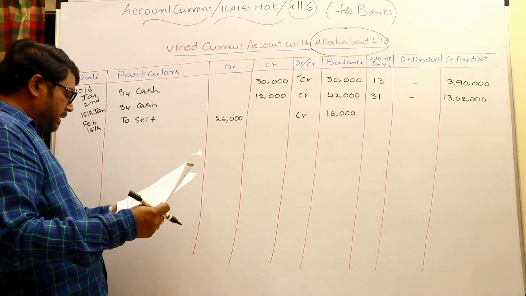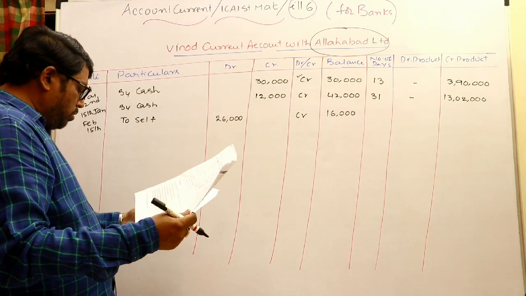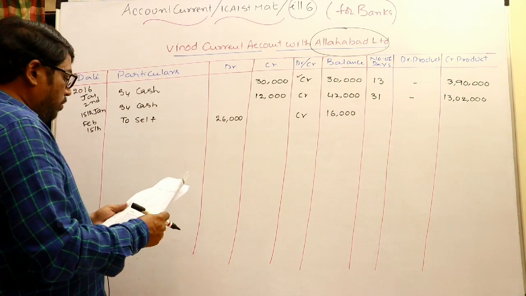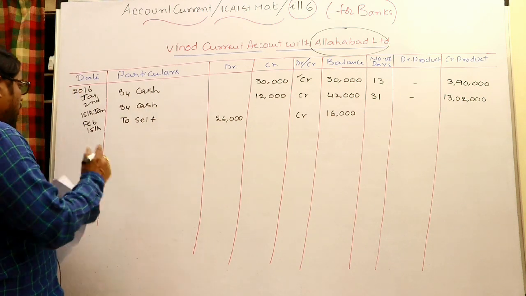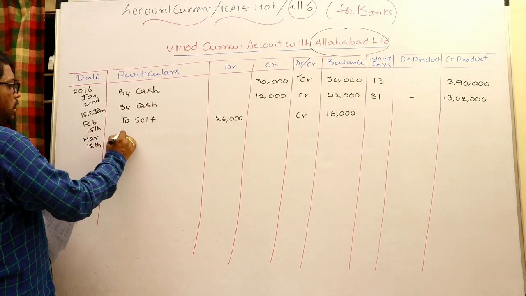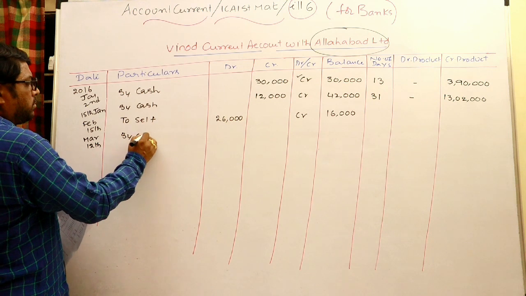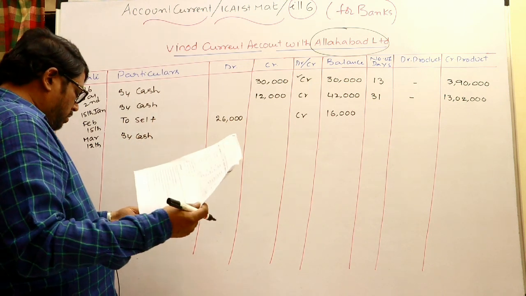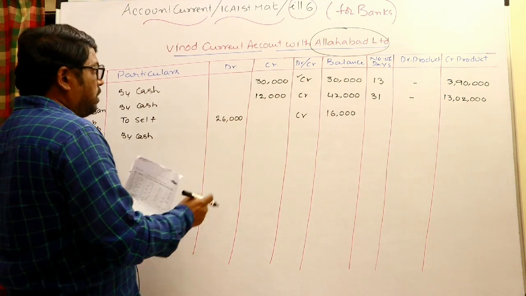You have to wait for the next transaction. And look at this: on 12th March there is a deposit of 8,000, after February 15th. There is a deposit by cash, 8,000 rupees credit.